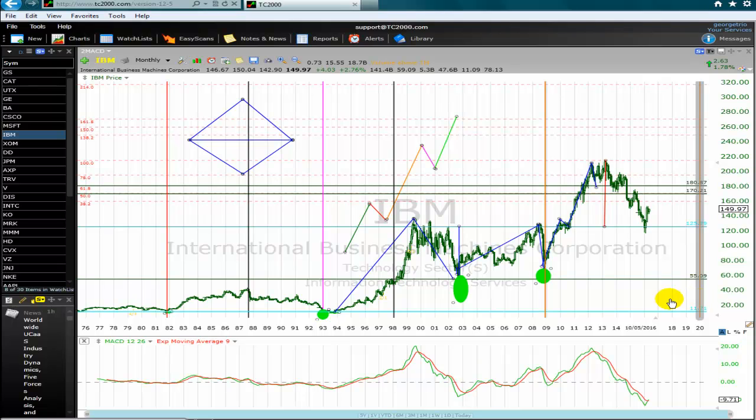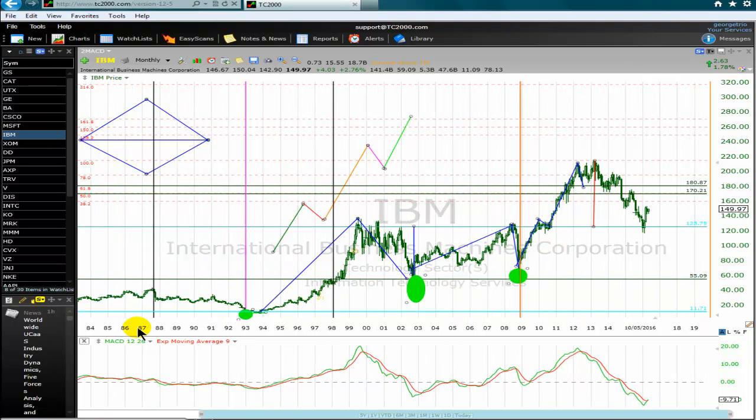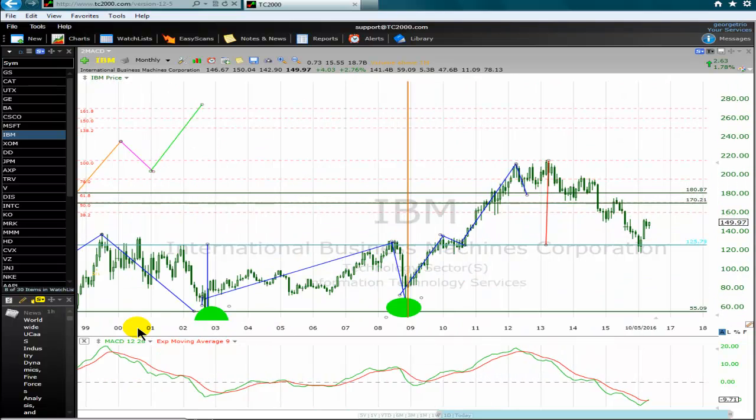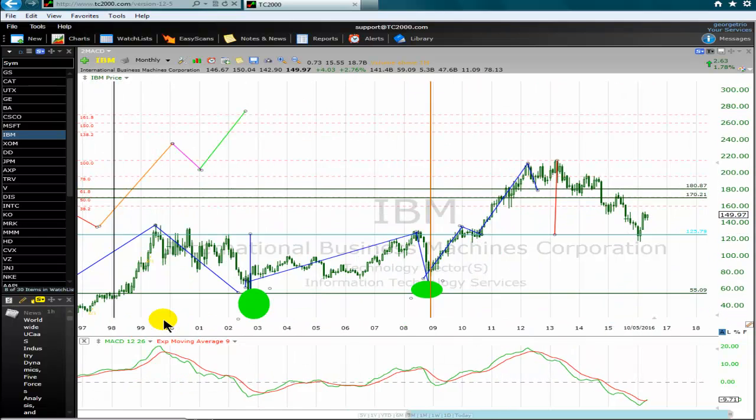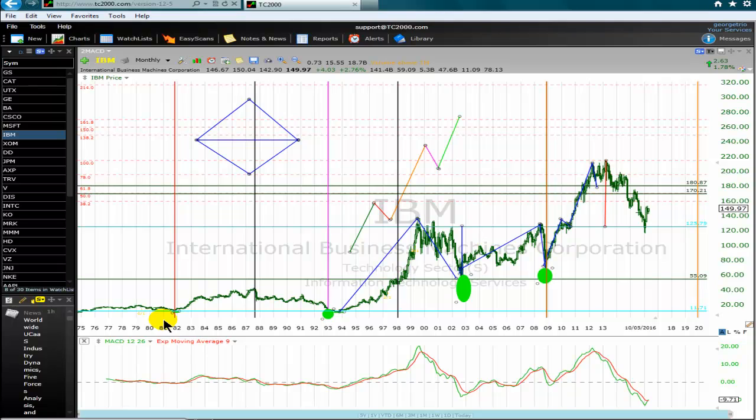That's the new cycle. But let's keep our eyes on the price. So here we are, we have a cycle, because of our previous observation, normally this stock has a 10-year cycle.